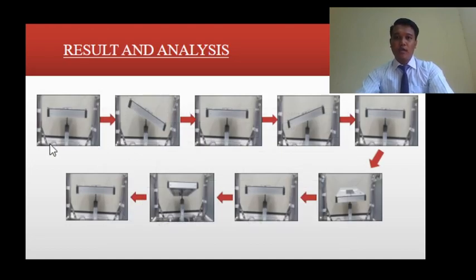So this is 0 degrees horizontal, and then it goes to the right side, and then back to 0 degrees horizontal, and then to the left side, and back to 0 degrees horizontal, and going to the up side, and then back to 0 degrees horizontal, then to the downside, and then to 0 degrees horizontal.